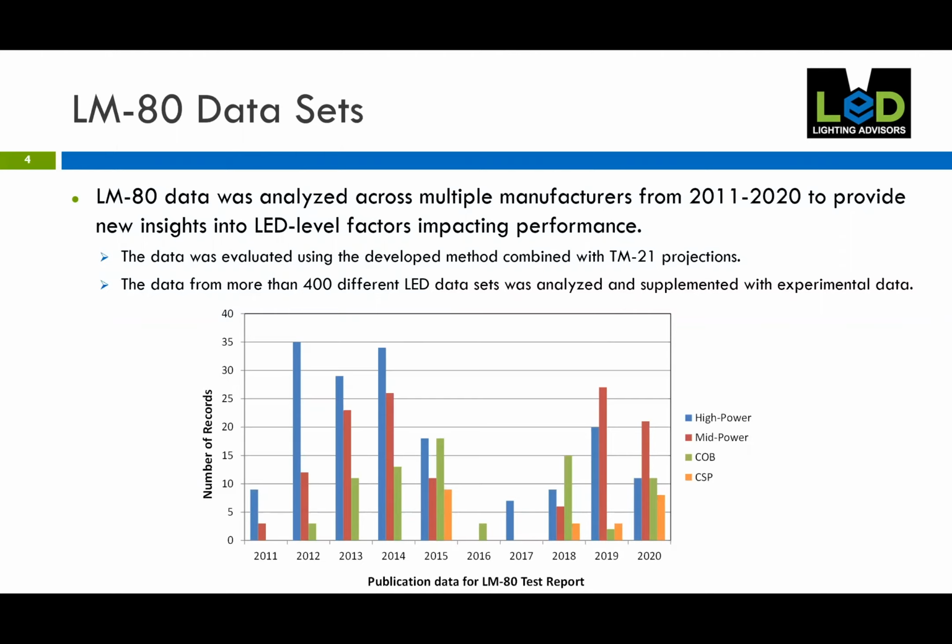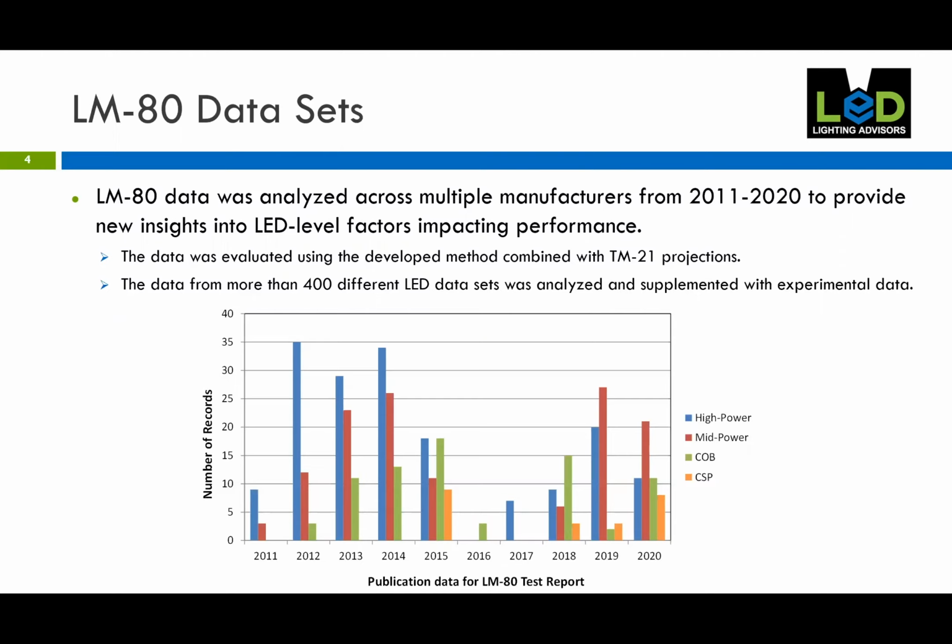As I mentioned, the first study embarked in 2014-2015, and we looked at data from LM80 reports all the way from 2011 to 2015. Then last year, we began a subsequent study in 2019 to see how LED packages have improved over the past 5 years since our first study.